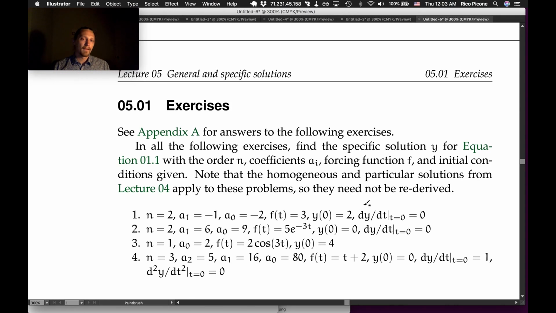So once you've done lecture 4's exercises, you'll have the homogeneous and particular solutions. So you should be all set up to do the lecture 5 exercises without having to redo the homogeneous and particular solutions again. So give that a shot. Answers are in the back of the book. So if you go down to Appendix A, you'll get those.